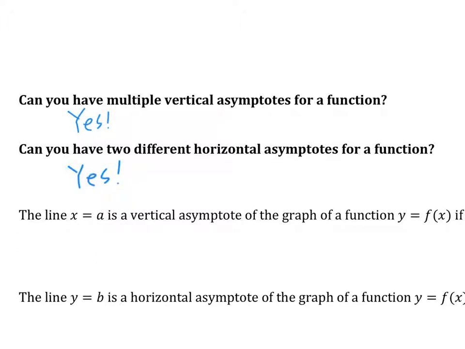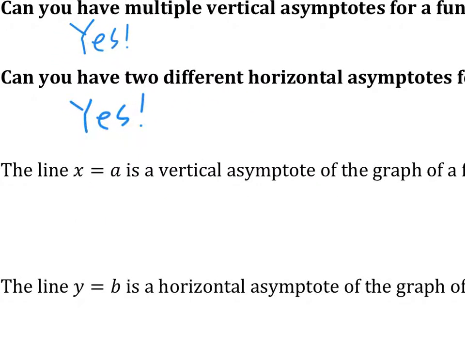How do you write that as a limit? The limit as x goes to a from the left of f of x equals infinity, or negative infinity, so plus or minus infinity, right?